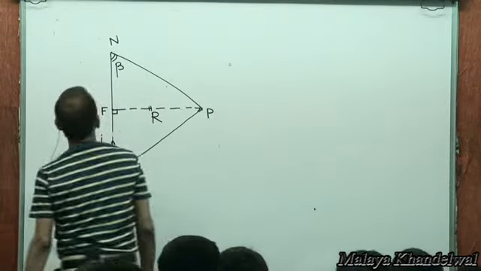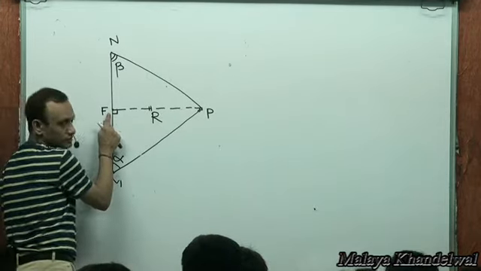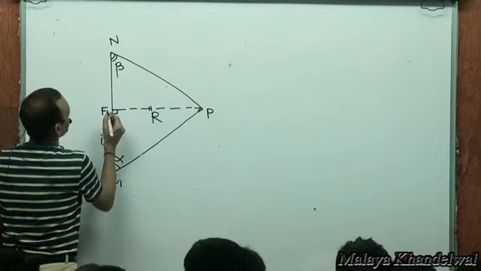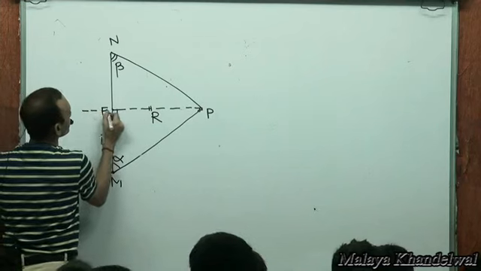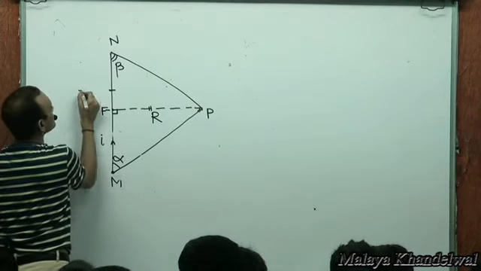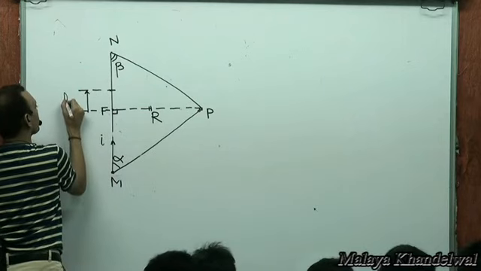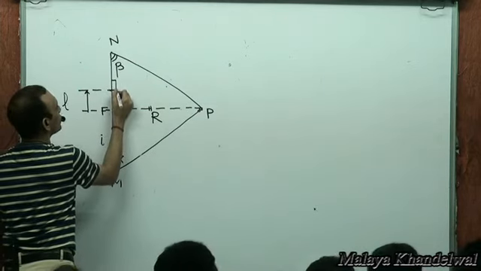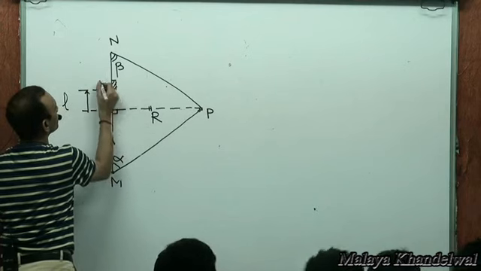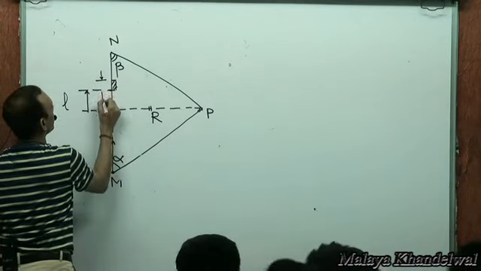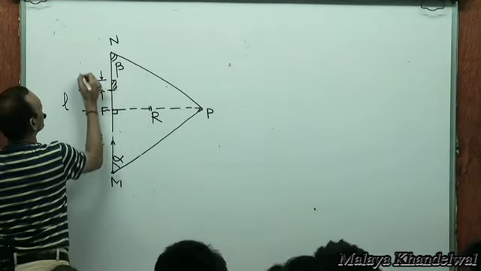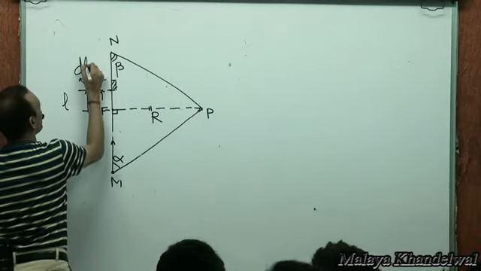So first of all, from this foot, at a distance L, let me select a small element dl. dl is the magnitude of the element.